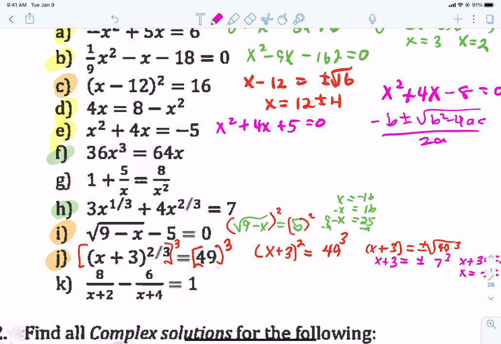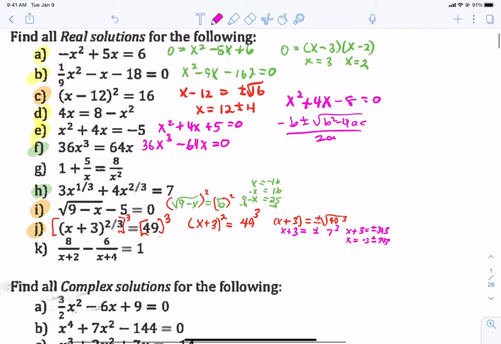For F, you are going to want to get that equal to 0. So I like my highest power to be positive. So I like that this is positive already. So I subtract it and put that there. Now that's just a factorable quantity. You want to factor, then you want to go from there.